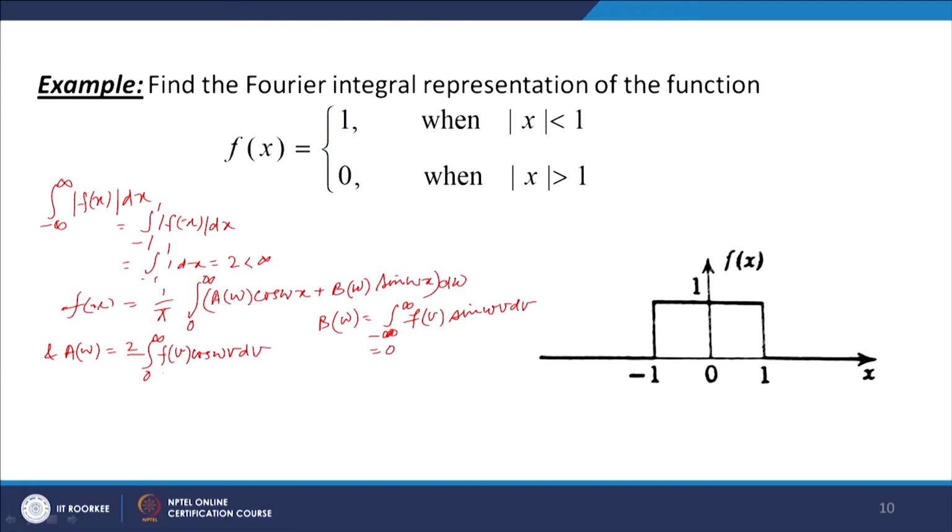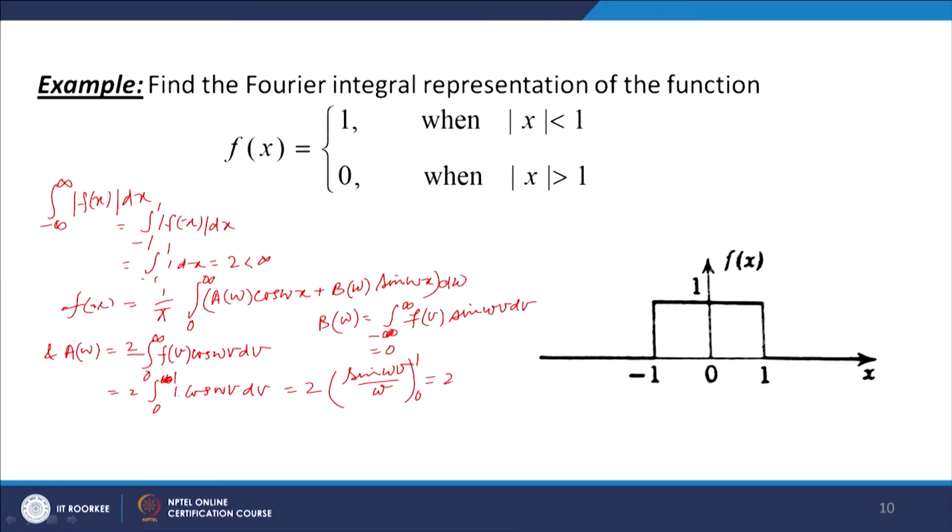Okay. So, we get 2 times the integral of f(v) cos omega v dv, and let us use the value of f. f is equal to 1 over the interval 0 to 1, and from 1 to infinity it is 0. So, this is 2 times the integral from 0 to 1 of 1 times cos omega v dv, and we get it as 2 times sin omega v over omega from 0 to 1, because over the interval 0 to 1 it is 1.